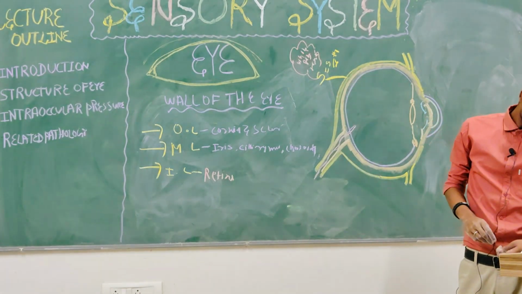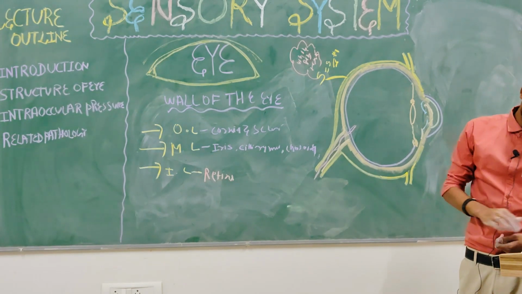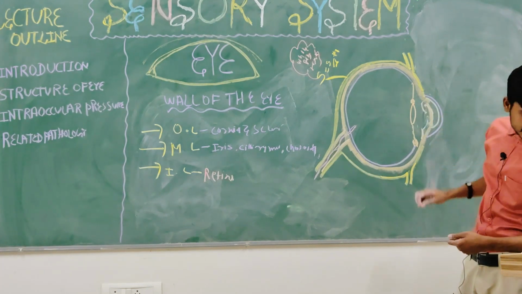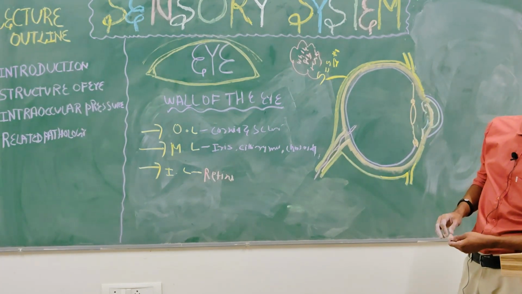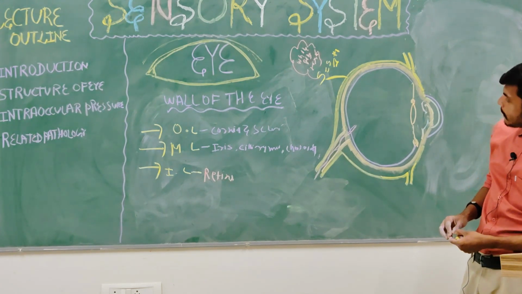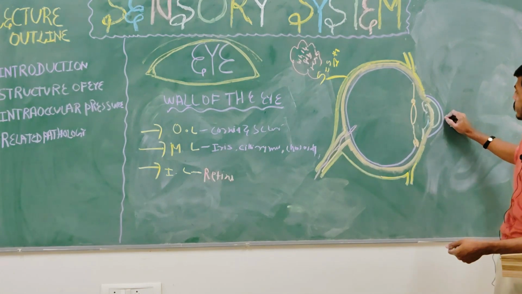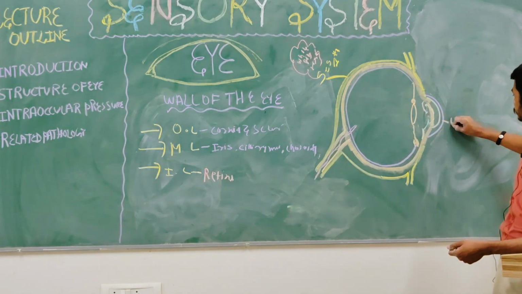Now, the outer layer of the eyeball which is present between the iris and the pupil. Now the second layer is your cornea. The second outer layer is your cornea.